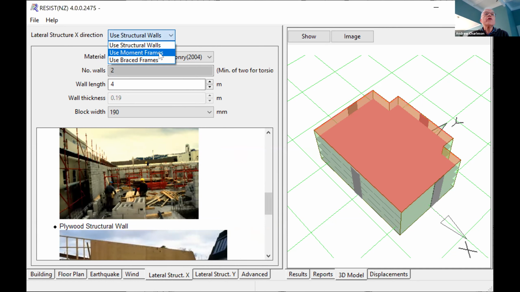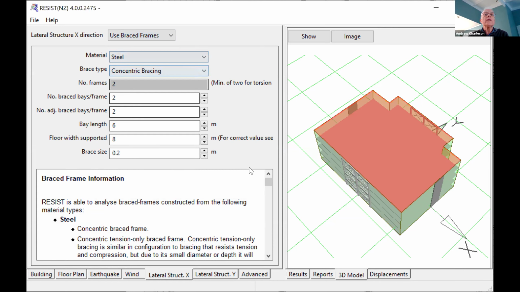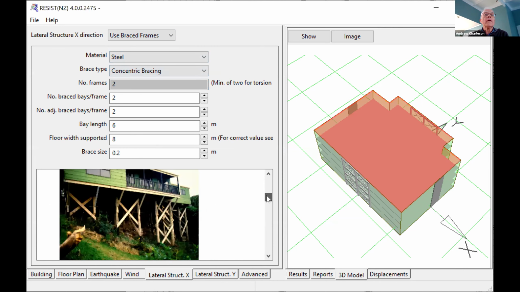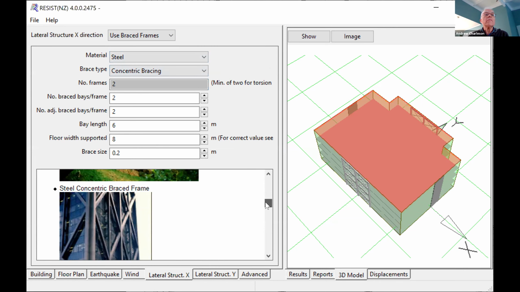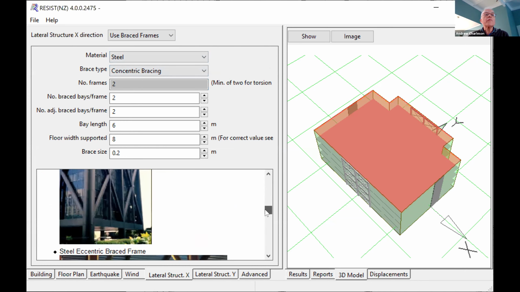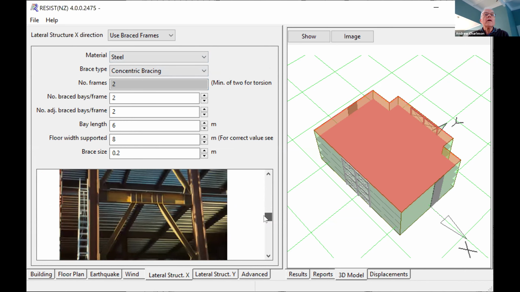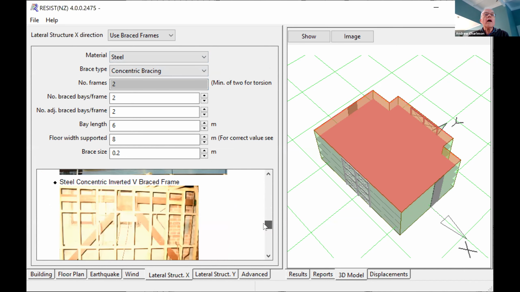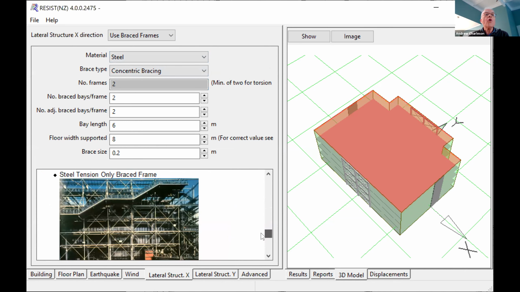The other option is to use braced frames: a timber braced frame, a steel concentric braced frame, an eccentric braced frame, an inverted V braced frame, or tension only bracing, where the bracing elements are just very fine rods or even cables.